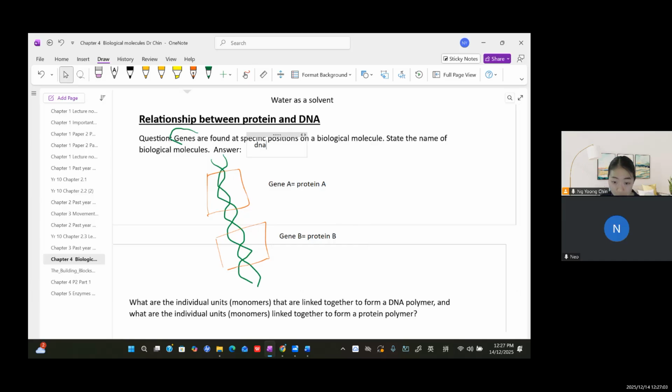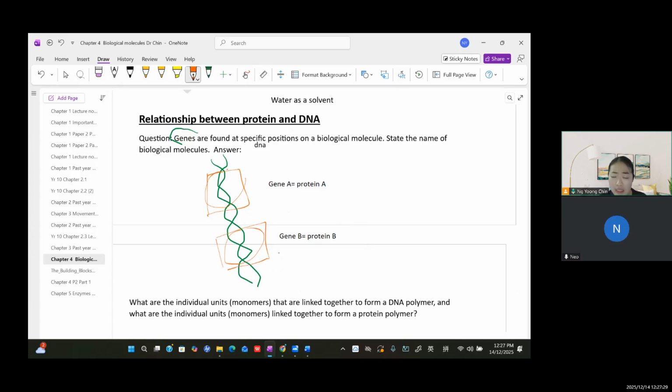Okay, so Neo, do you understand this question? Because the DNA, right, is very long, and there are portions that have a gene inside. Do you get me? Yeah. Maybe I can explain it this way. Neo, just imagine your DNA is very long and very complex, right?